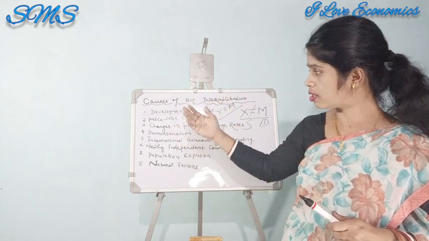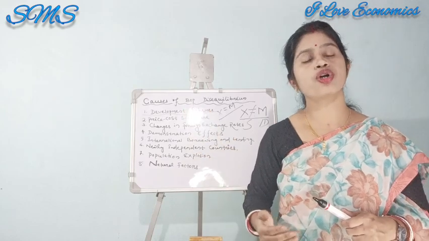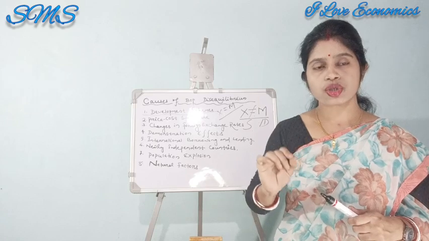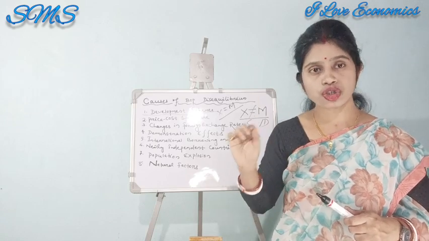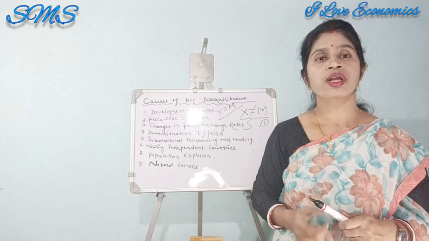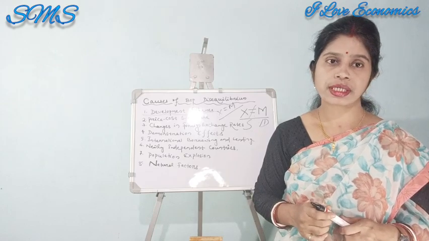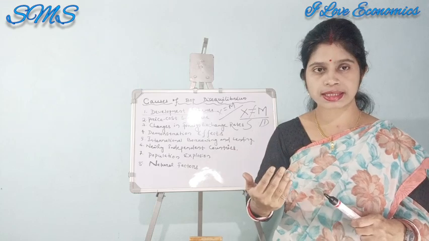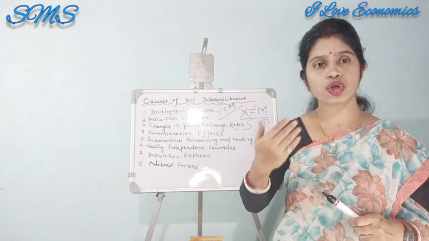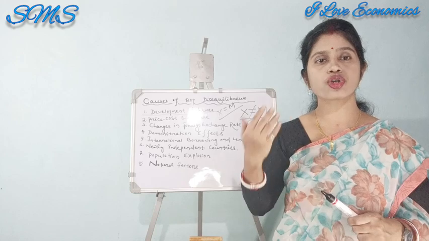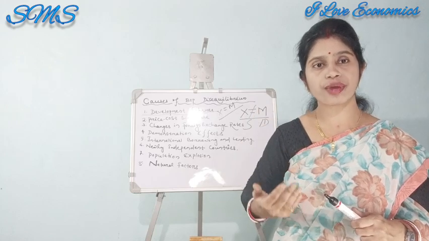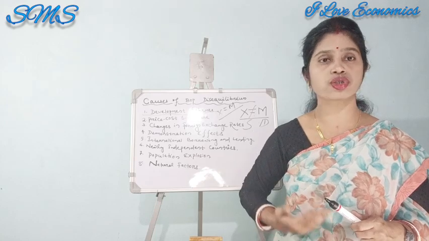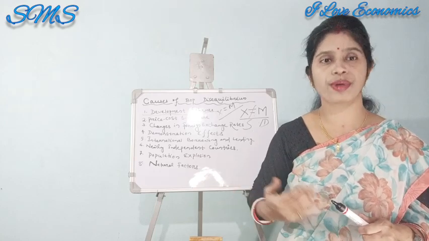Second cause is price cost structure. Price cost structure also affects the disequilibrium of balance of payment. Why? Because the price of the commodity rises due to a rise in the cost of production, and this cost of production rises because of higher wages, higher rent, higher interest, and also higher prices of the raw materials.